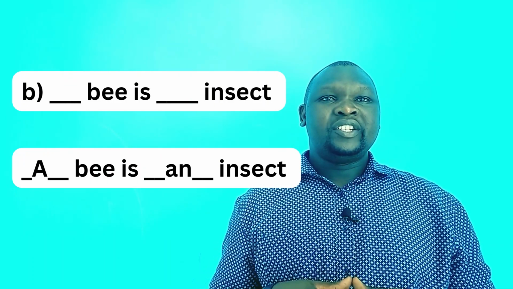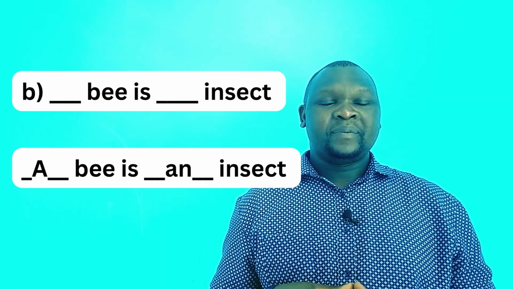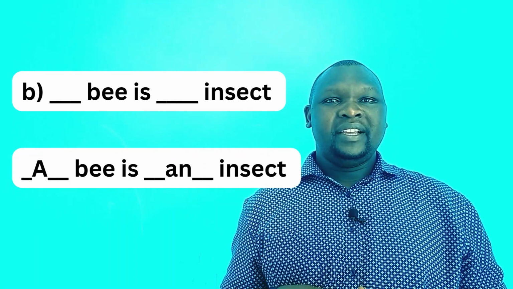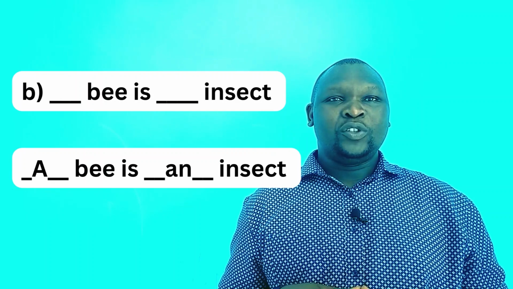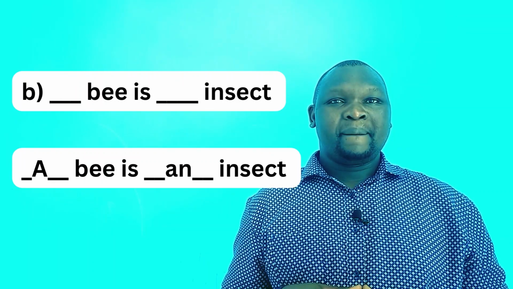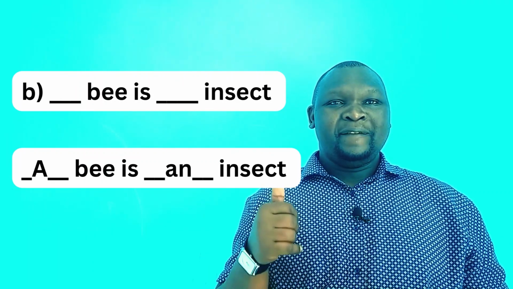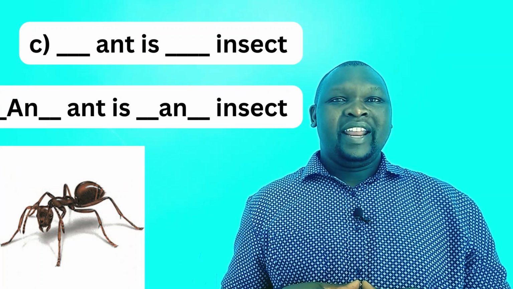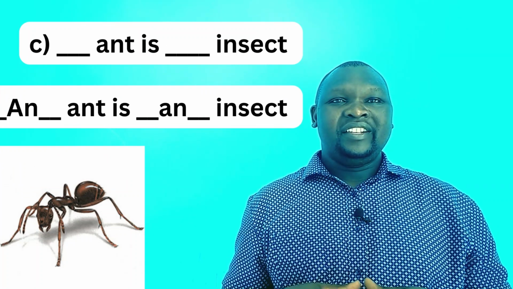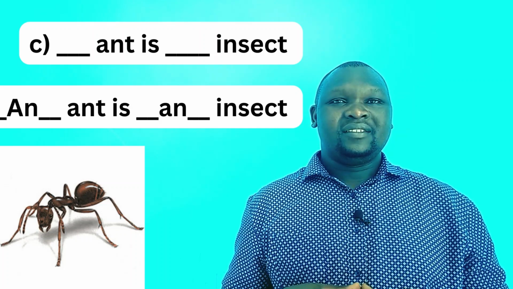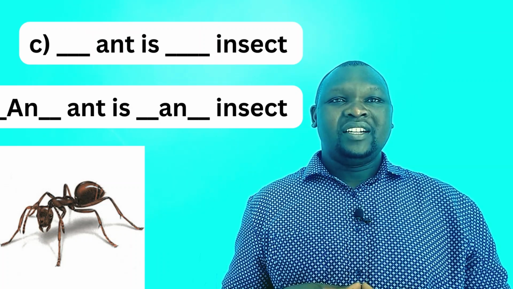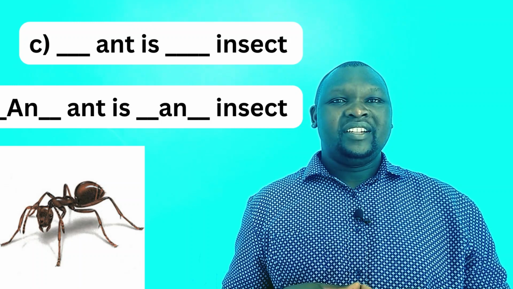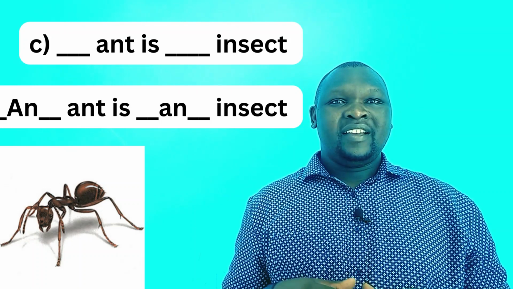Dash B is dash insect. What could be the answer? Very good. Dash ant is dash insect. Very good. Thank you so much.